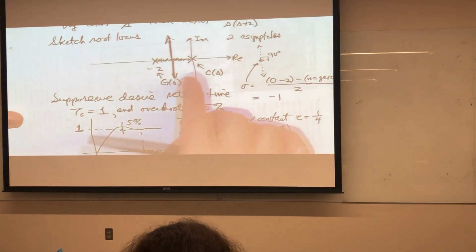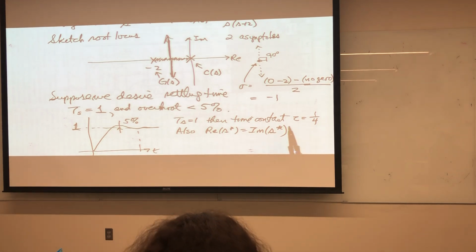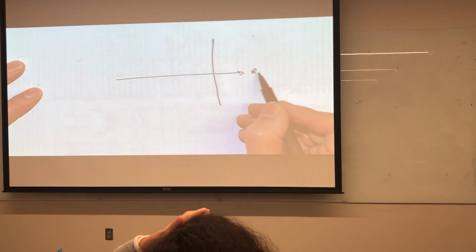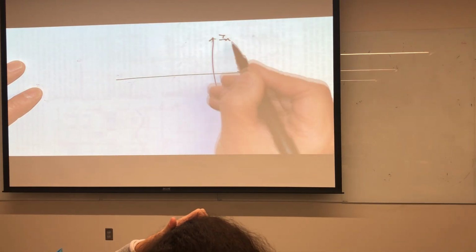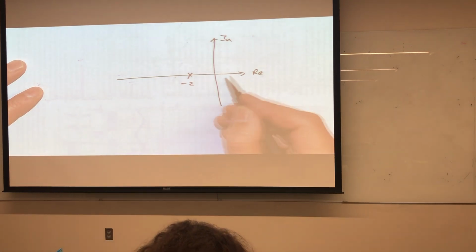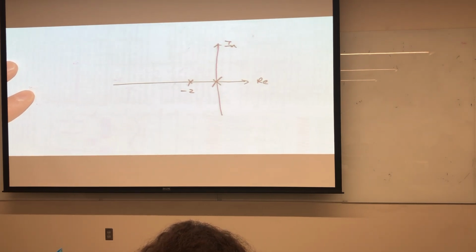Okay. So let's draw this picture again and see where we should have the poles. So let's draw the root locus diagram again. We have the plant poles here. We added a compensator to make the steady state error equal to 0.